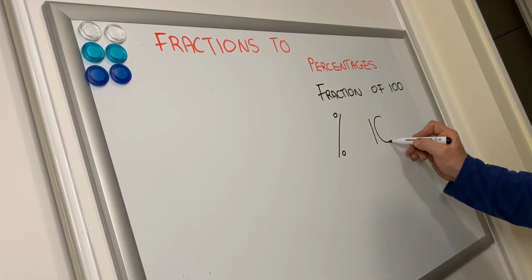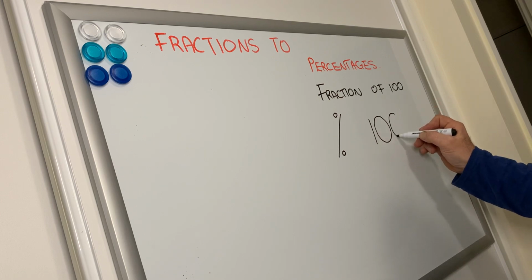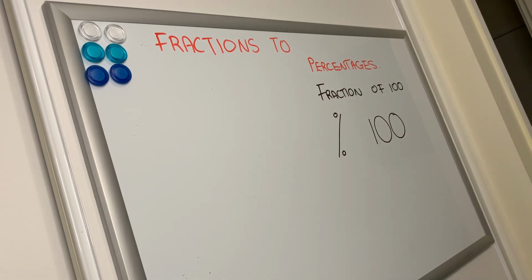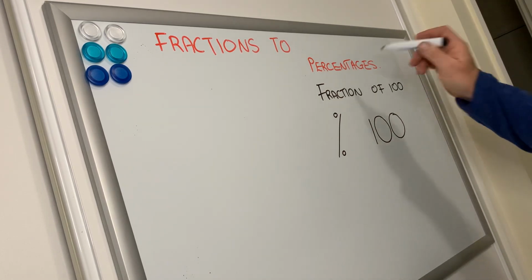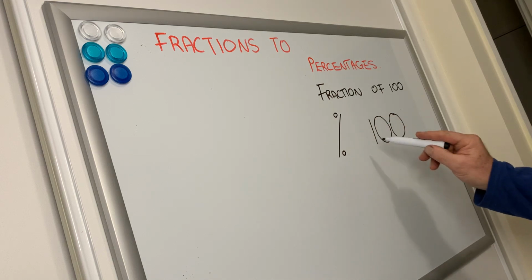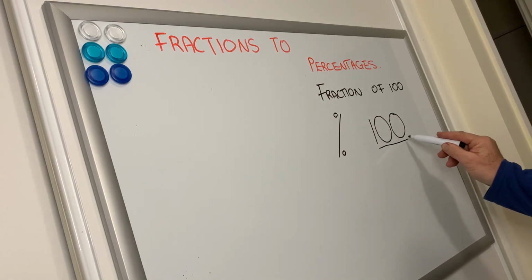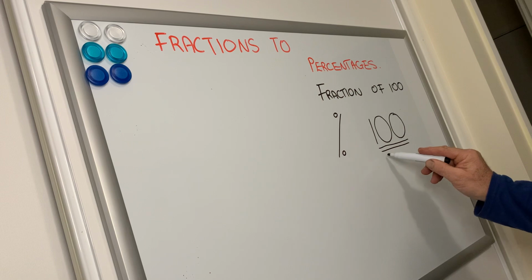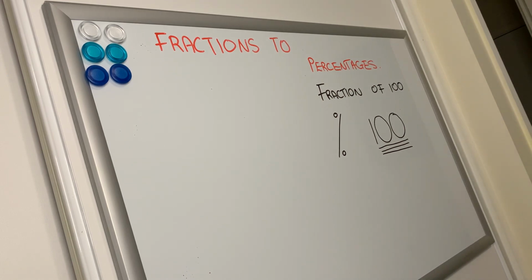And I like to reference those zeros exactly like that. So we're talking about percentages, which are fractions of 100. Again, that's the symbol for percentage, and it's a measure of 100. So percent. Okay.